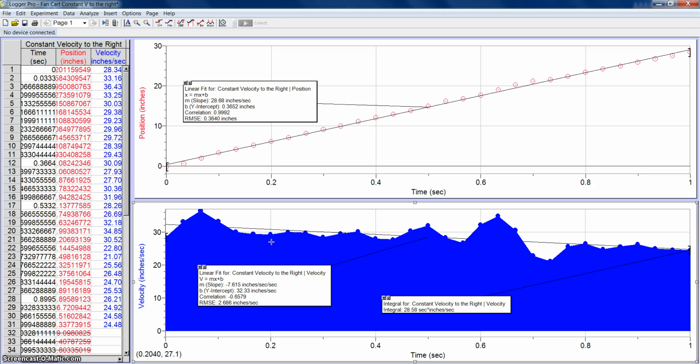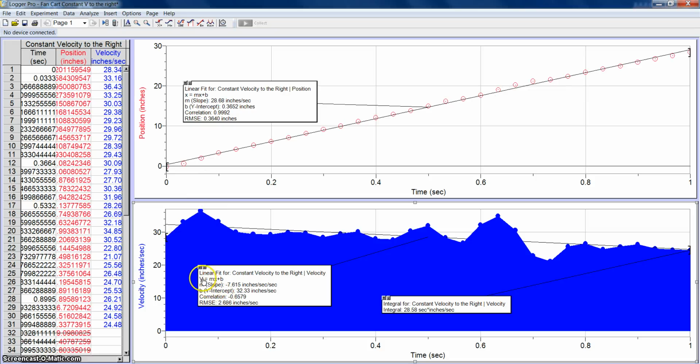So this is exactly what we expected, except for the velocity graph, and a little bit off on our position graph. But as I explained, this is just our slope and our y-intercept, and this would give us our position at any time in between this interval.